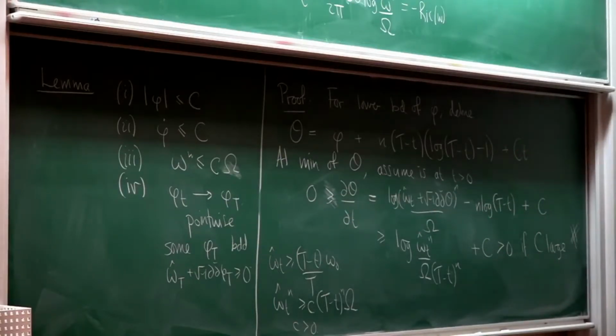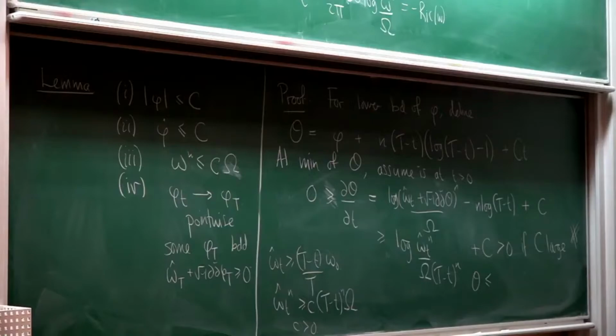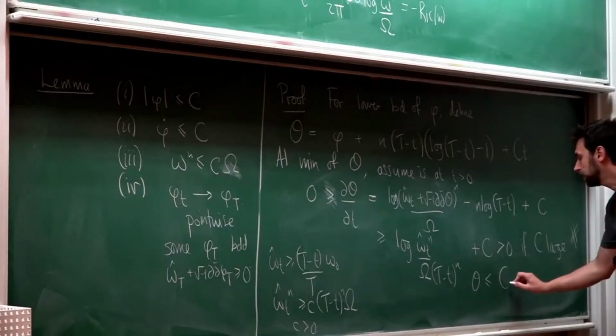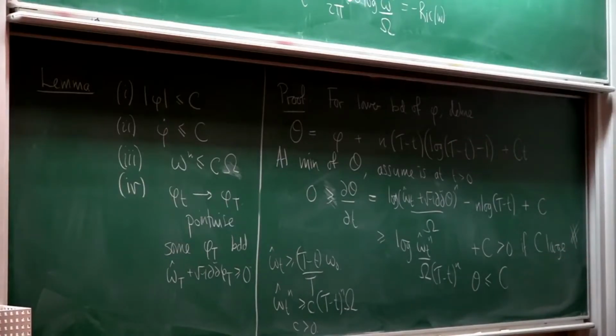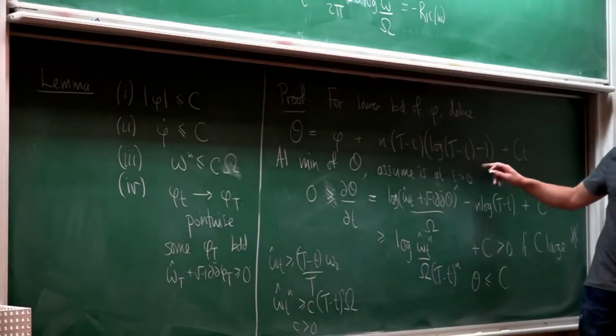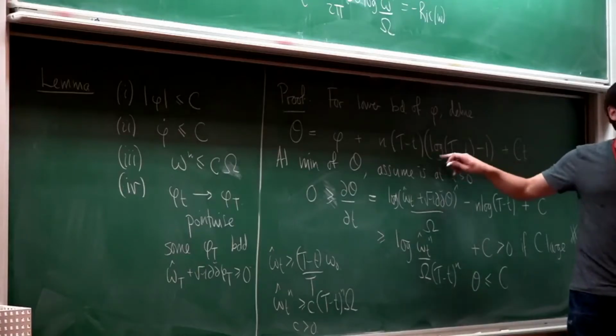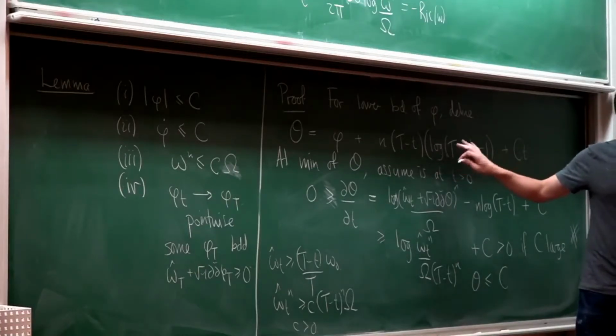And therefore theta actually did achieve its minimum at t is 0. And so theta is bounded below by its value at t is 0. Well, this is just bounded by some constant. You may worry about this thing here because you have a log, but x times log x is bounded. So this is a bounded quantity.